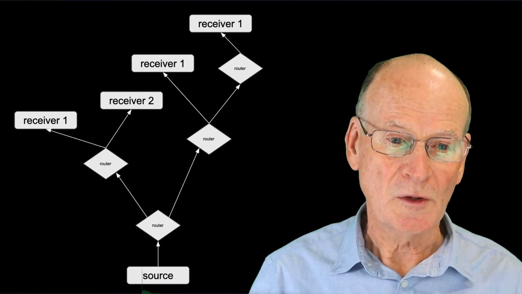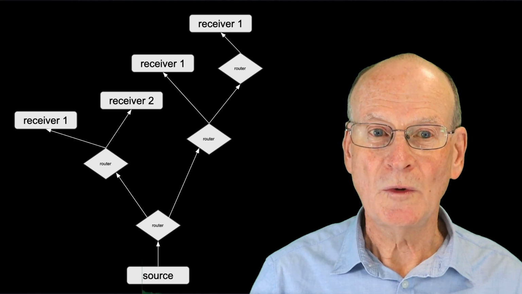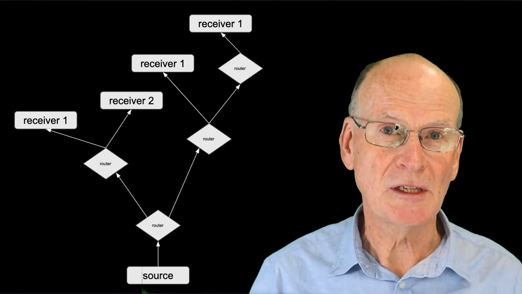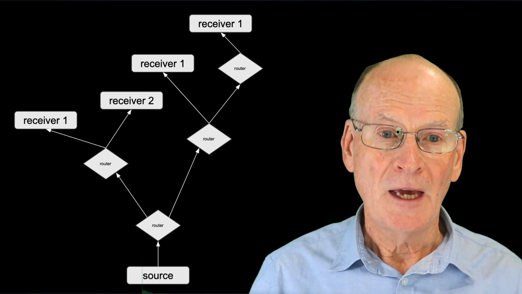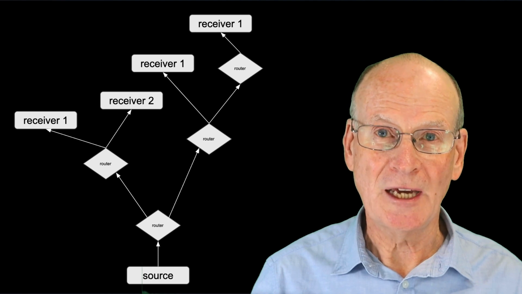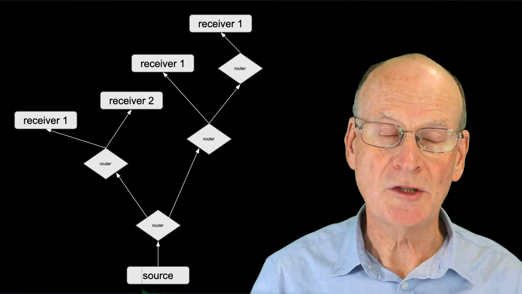So you can see here it looks a bit like a tree with a root at the bottom, and each receiver will request of the router that it be allowed to join a particular multicast address. Going the other way, the source sends out packets to the multicast address, and the routers duplicate the packets where there are new branches of the tree attached.